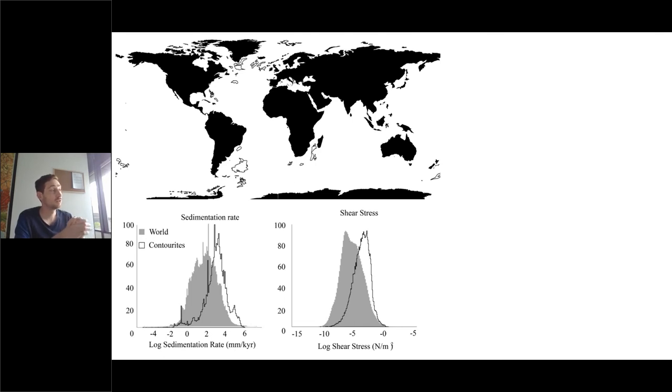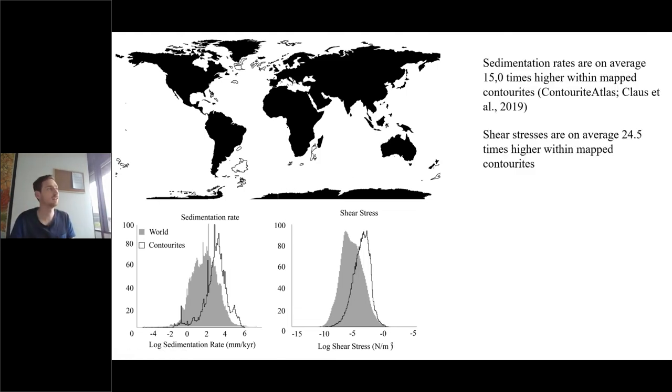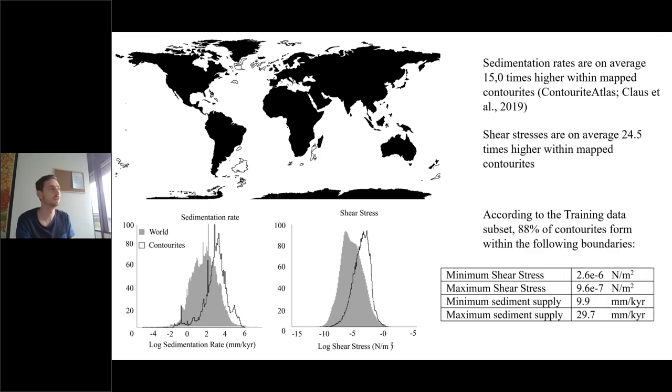And what this shows is that the sedimentation rates within the contourite outlines, as mapped by the Contourite Atlas, are significantly higher than the global averages. And the same goes for these shear stresses. This supports our initial assumption, right? That contourites tend to form where you have relatively high values for sedimentation rates and shear stress. So that's actually very good. It's a good support for our most important assumption.